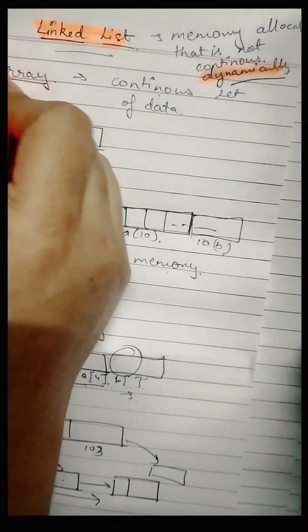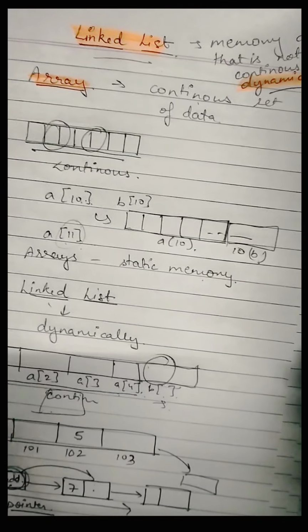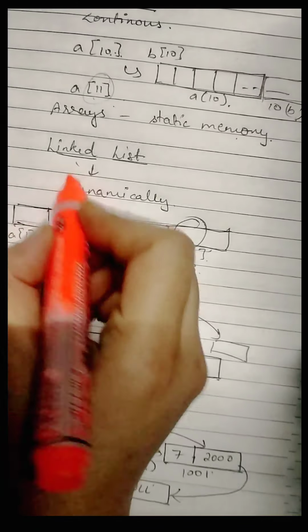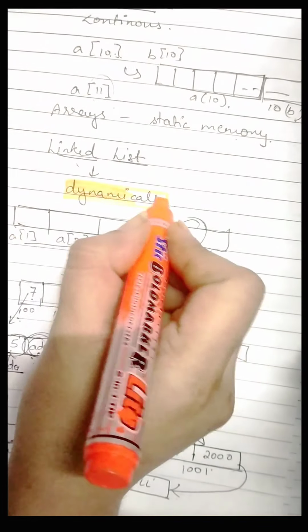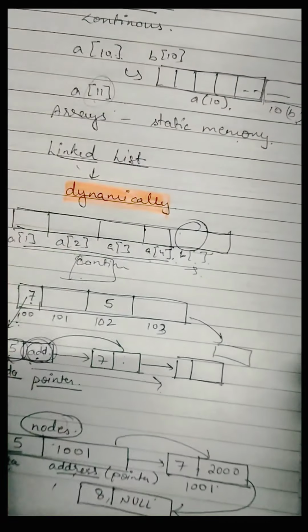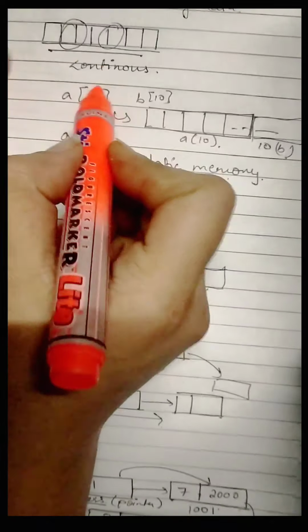You know array is something that is continuous. It occupies the space in the memory which is all continuous. Coming to linked list, it is dynamic memory allocation. You have to see that the memory is allocated dynamically. You do not define the space in terms of numbers like it is done in your arrays.